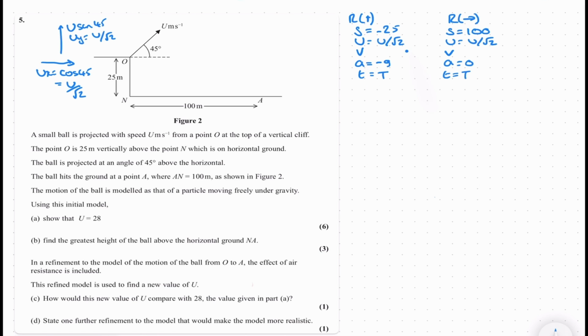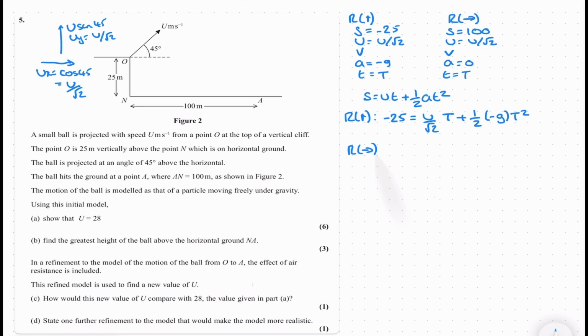And because we don't know the final velocity, we'll use the equation that s is ut plus 1/2 at squared. So resolving vertically, we'll substitute in our values. Negative 25 will be u times t plus 1/2 of a times t squared.